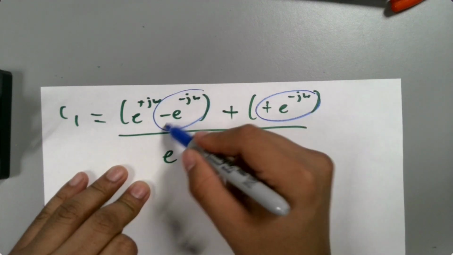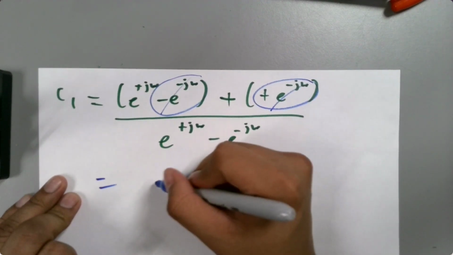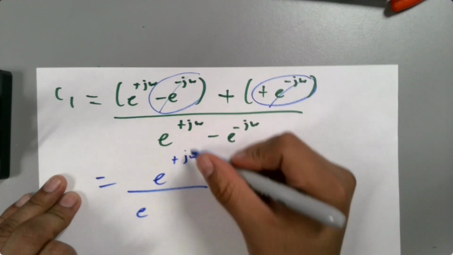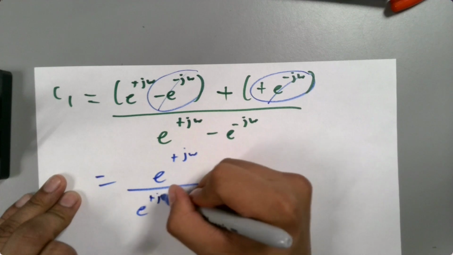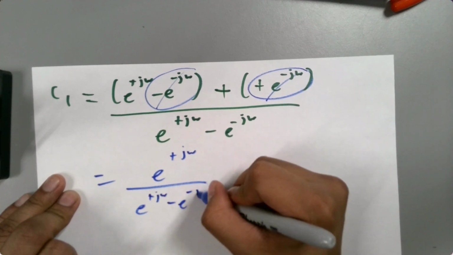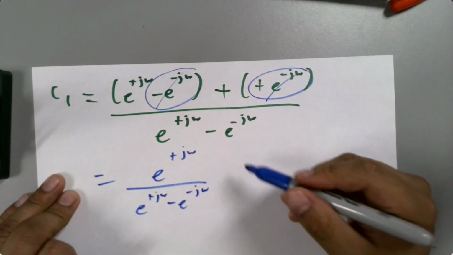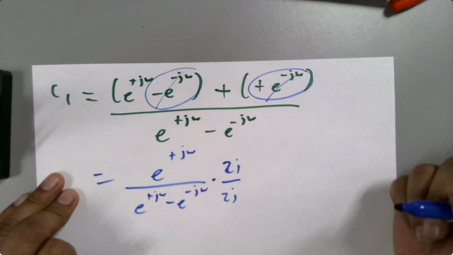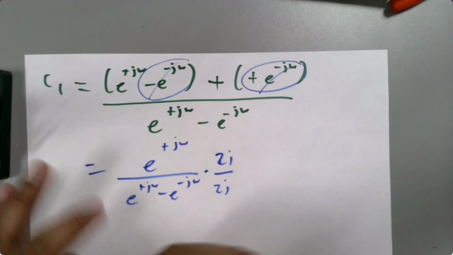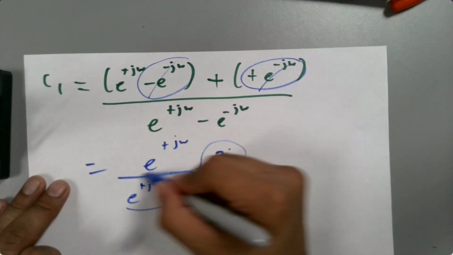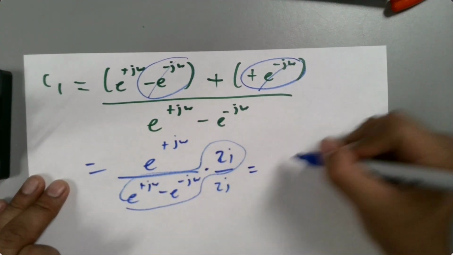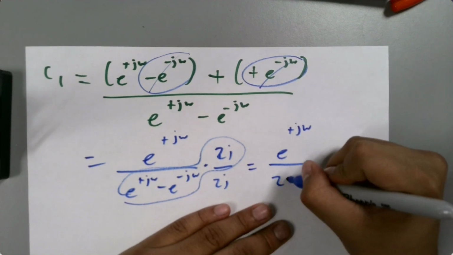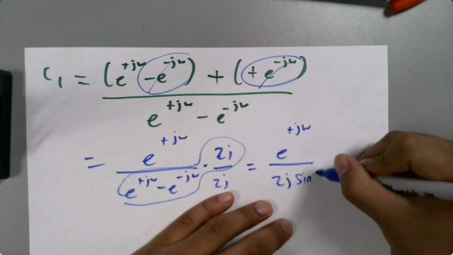All we're left with is e to the positive j omega divided by e to the positive j omega minus e to the minus j omega. And then remember that little trick, 2j, which is equal to e to the positive j omega divided by 2j sine omega naught.